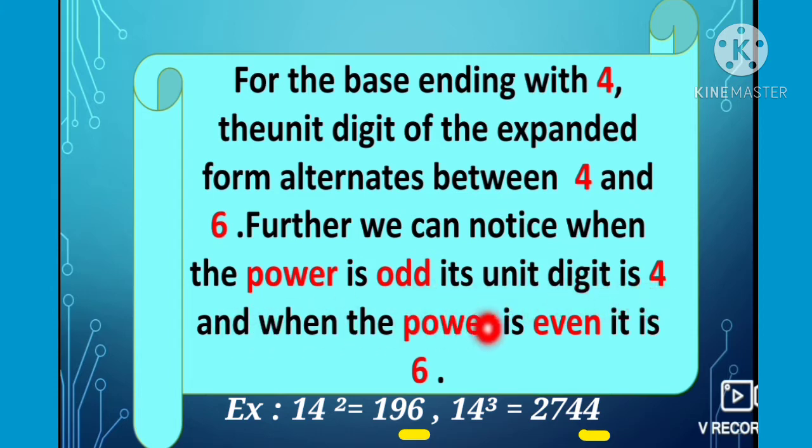And when the power is even, it is 6. For example, 4 square, we get 4 into 4, that is 4 multiplied by itself 2 times. That is 4 into 4, which is 16. And here the unit digit is 6.